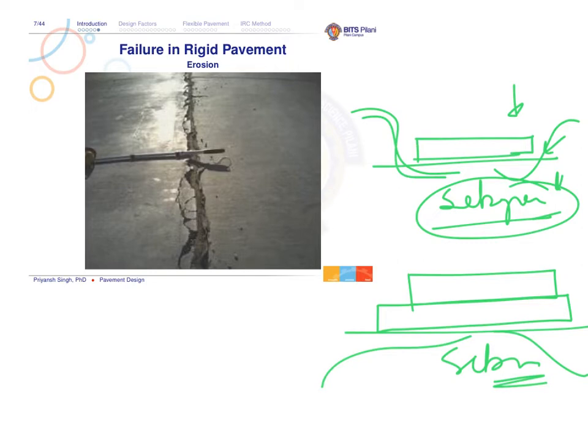So to design the thickness of concrete slab, we only account for fatigue cracking as a criterion or as a mechanism of failure. So there will be two fatigue cracking mechanisms, one top down cracking and second bottom up cracking in case of fatigue, while we will design our slab thickness as per the IRC design method.